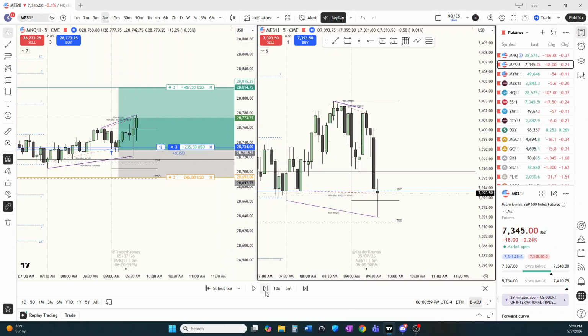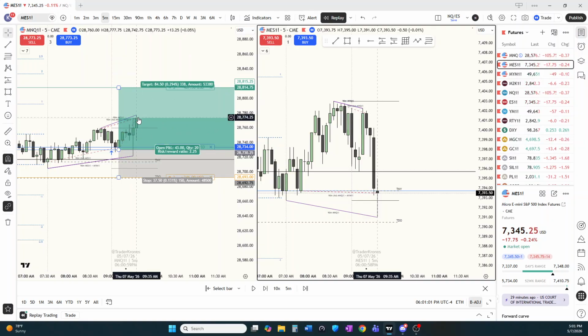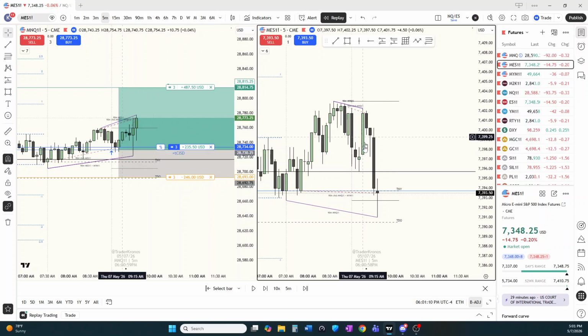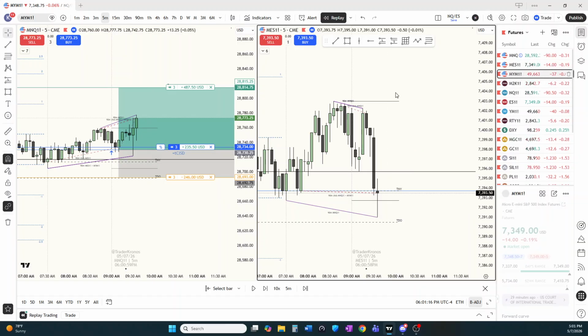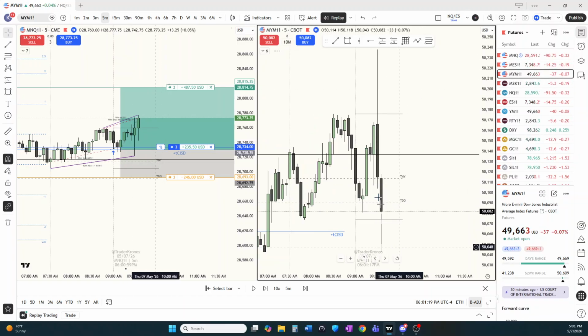So as we play out, again you'll see we have a closure above, indicating that this sequential SMT is likely to fail here. We got closure below, so this one should hold. We've even put in a gap, so we are likely to move lower here. We're likely to continue moving lower here.